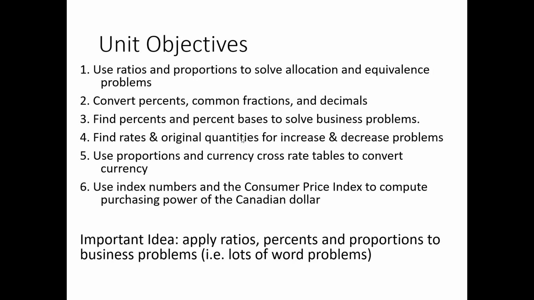But there are other index numbers that are important to us too. There's the stock market index. There's the consumer price index, and the list goes on from there. But really, once you've got the foundational stuff from our first 4 unit objectives, the next 2 are just applications of those techniques.